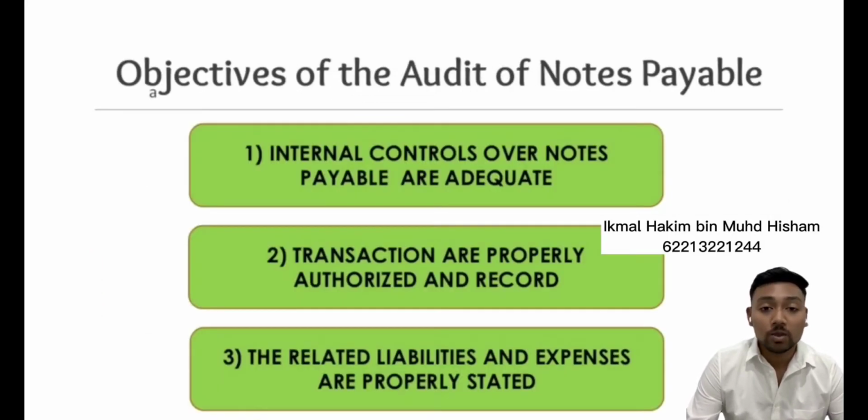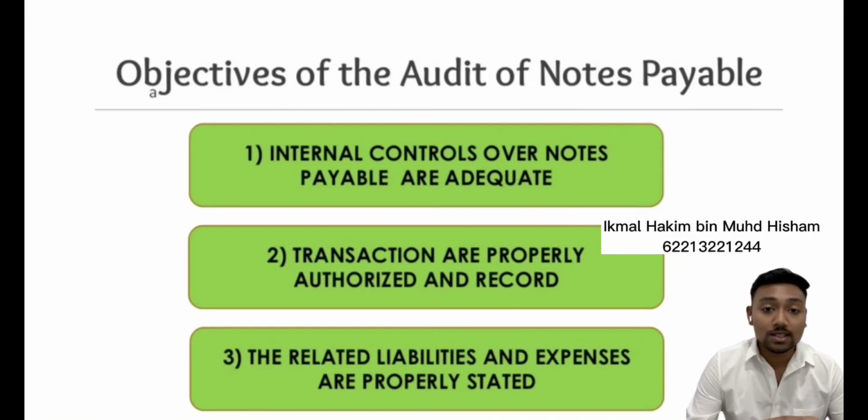The objectives of the audit of notes payable are, first, to determine whether internal control over notes payable is adequate. The next one is that transactions for principal and interest involving notes payable are properly authorized and recorded in accordance with the sixth transaction-related audit objective.